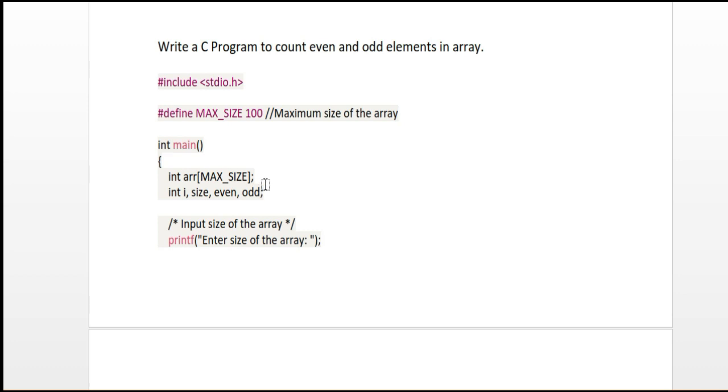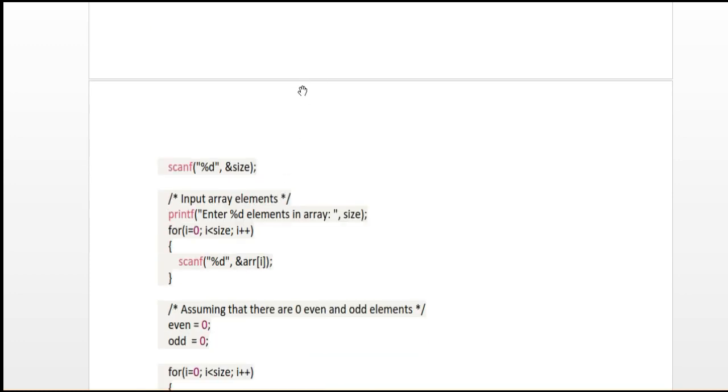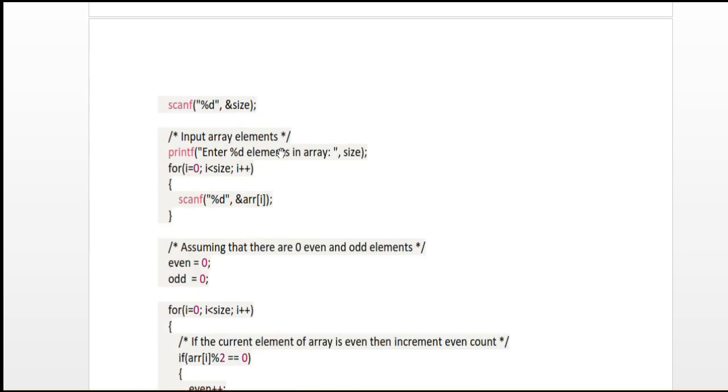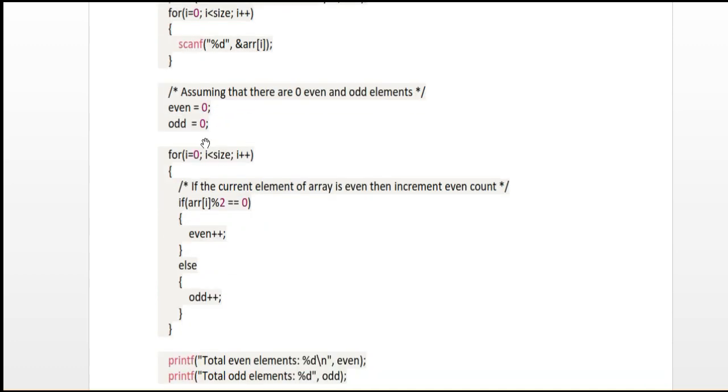We have already discussed in the previous session, in the for loop programs, how to find odd and even numbers. So enter the size of the array. I get the size of the array and get all the elements. Each element is taken from the user like this with a for loop, and I assume the even count is 0 and the odd count is 0.